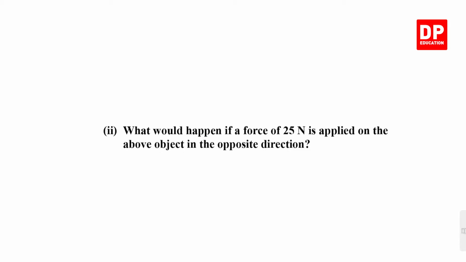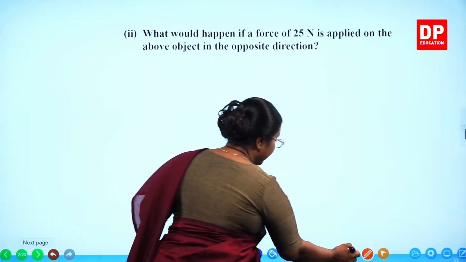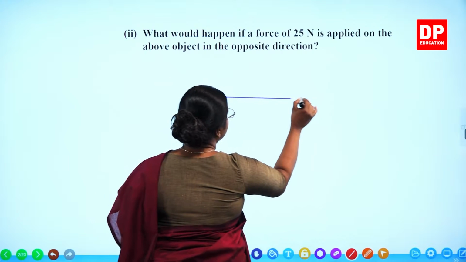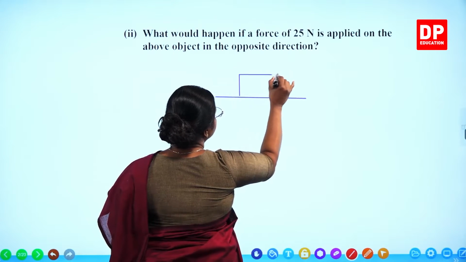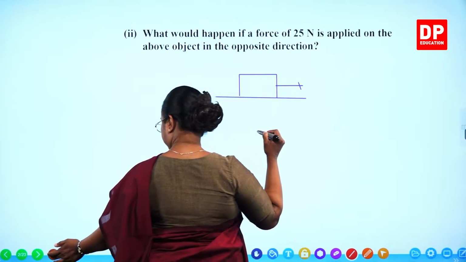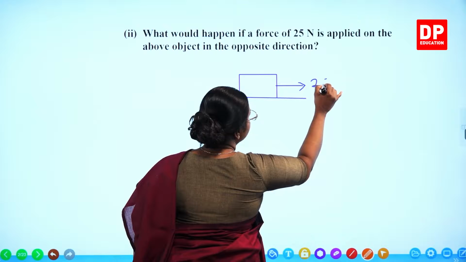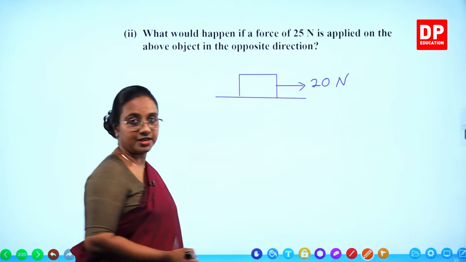What would happen if a force of 25 Newton is applied on the above object in the opposite direction? So if we again consider the diagram, this is the object. We had a force of 20 Newton acting in this direction.